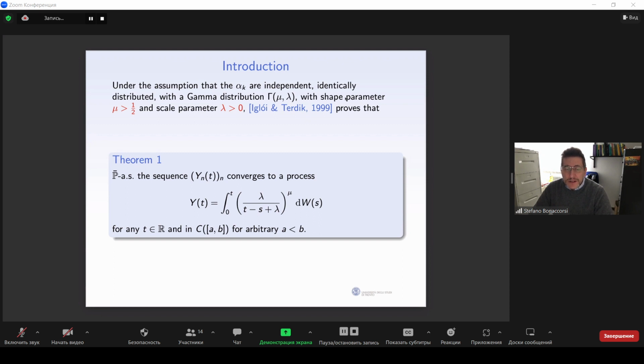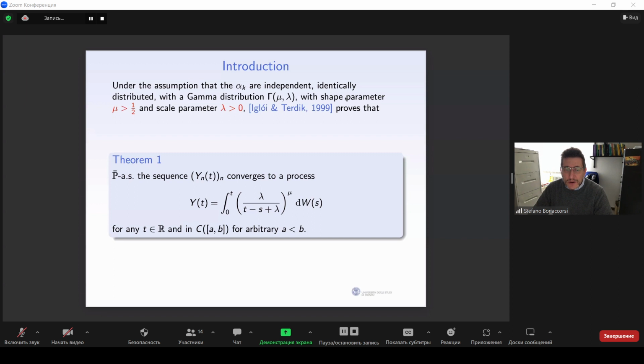And the convergence is quite strong because you can prove that this happens pointwise, so for any t, but also in the sense of trajectory, so in the space of continuous functions for arbitrary intervals a, b.